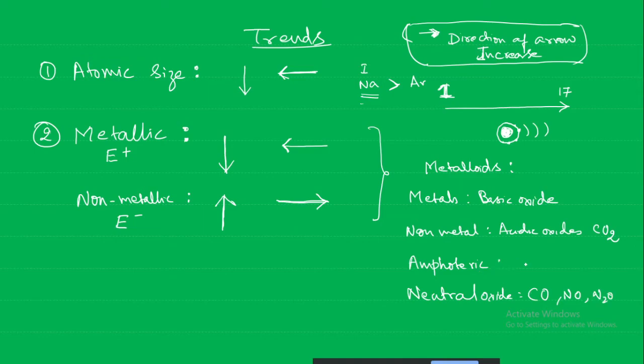Amphoteric oxides are zinc oxide and aluminium oxide, Al2O3. These are amphoteric. Means what? They will react with both acid and they will also show reaction with base. Since it is showing both acidic and basic property, it is amphoteric. Neutral means it will neither react with the acid nor react with the base.